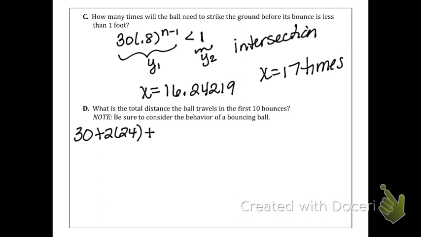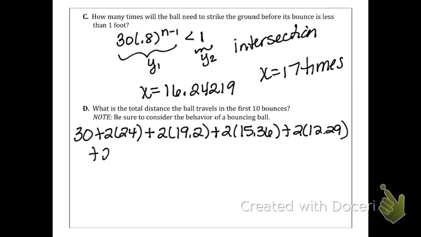Then it's going to go up and down the 19.2, so it's going to travel 2 times that amount, plus 2 times the, what's the next one, 15.36, plus 2 times 12.29, plus 2 times 9.83, plus 2 times 7.86, plus 2 times 6.29.